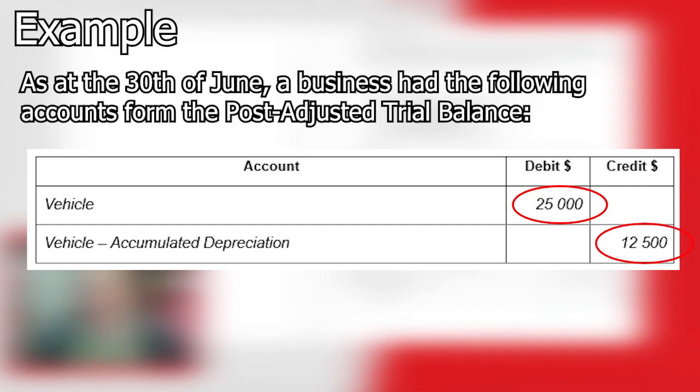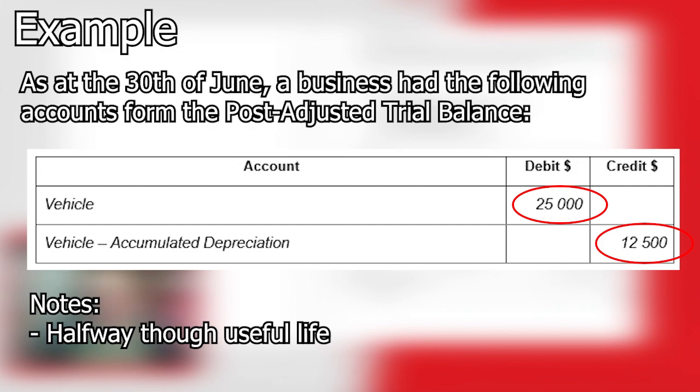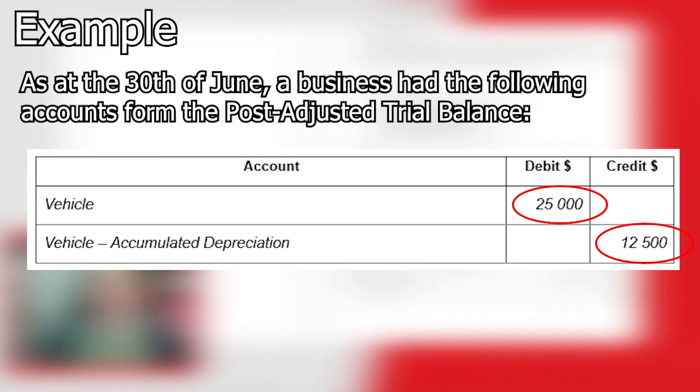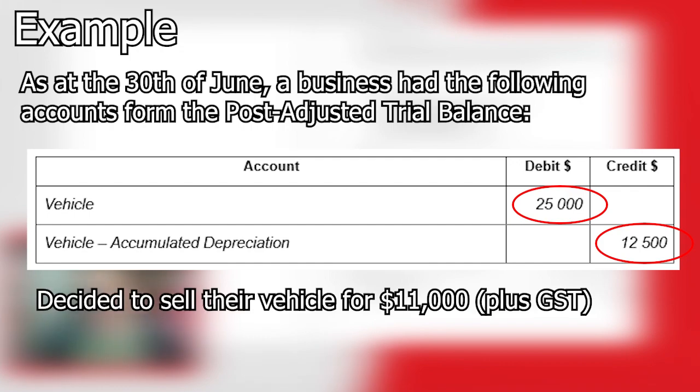So that means it's about halfway through its useful life in terms of value. They have then decided to sell their vehicle for $11,000 plus GST.